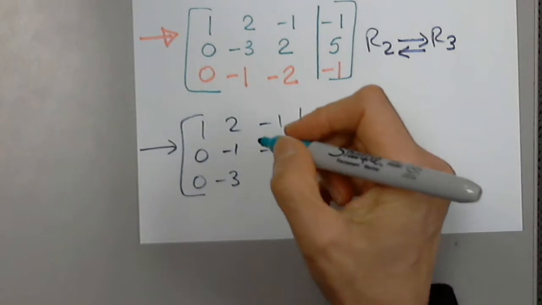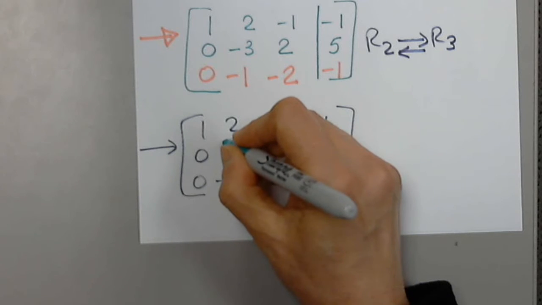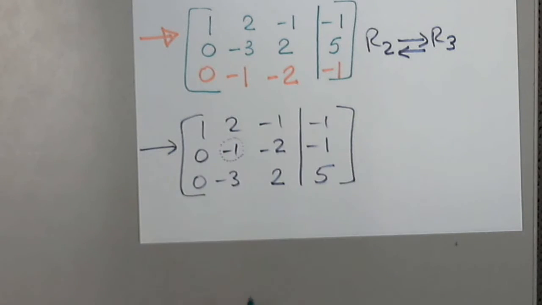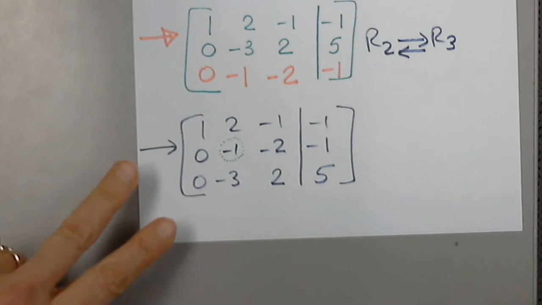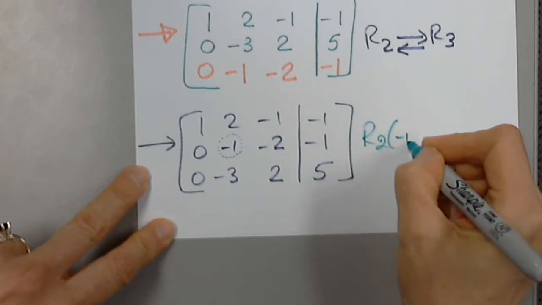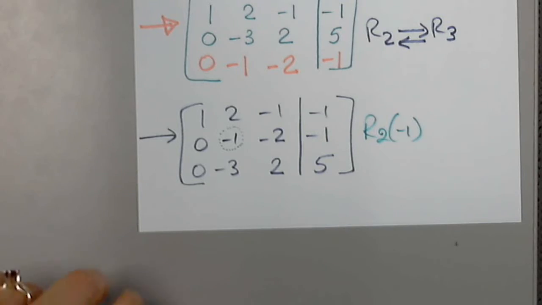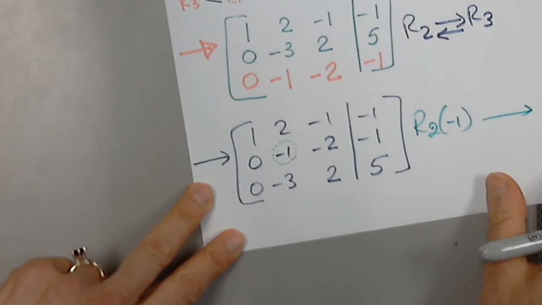I'm still here. I need a 1, not a -1. How do I obtain a 1 right there in the middle? What should I do to both sides of that row? Multiply it or divide it by? That's it. R2 gets multiplied by -1. Perfect.